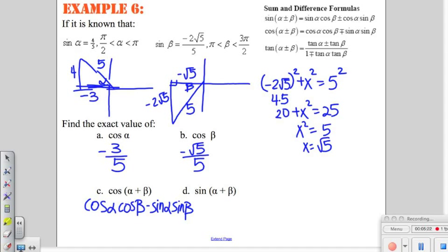Cosine alpha is -3/5. Cosine beta, -√5/5. We found those above. Minus sine alpha, now that comes given in the beginning of the equation, 4/5. Sine beta, -2√5/5.